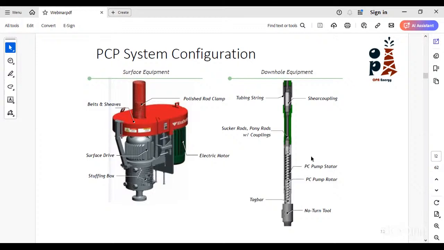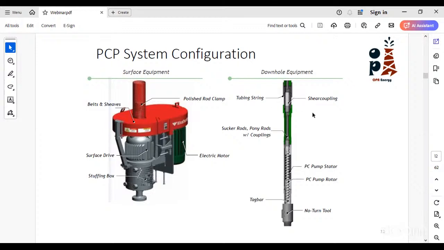Okay, the third thing is the rods we have, from the rotor to the sucker rods, the rods that we have for delivering the energy. We have a pony rod, and then the sucker rods. We have something called the shear coupling.